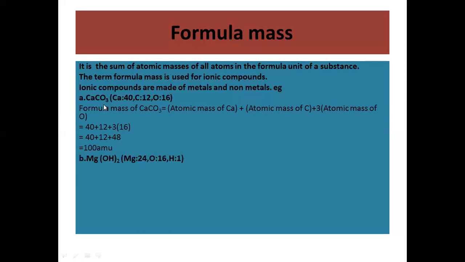Another example of an ionic compound is magnesium hydroxide. Atomic mass of magnesium is 24, oxygen is 16, hydrogen is 1. The number of atoms of magnesium is 1, oxygen and hydrogen are 2, because the 2 outside the bracket means there are 2 oxygen and there are 2 hydrogen. So the atomic mass of magnesium plus 2 into the atomic mass of oxygen plus 2 into the atomic mass of hydrogen.